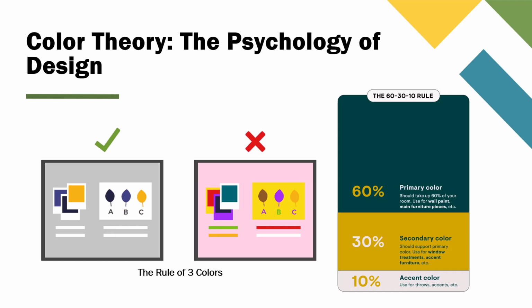Now, combining color and UI design is easy, but how do you avoid chaos and overload? In order to do this, I want you to remember two principles. The first one is the 631 rule. It's the 60, 30, 10% principle.